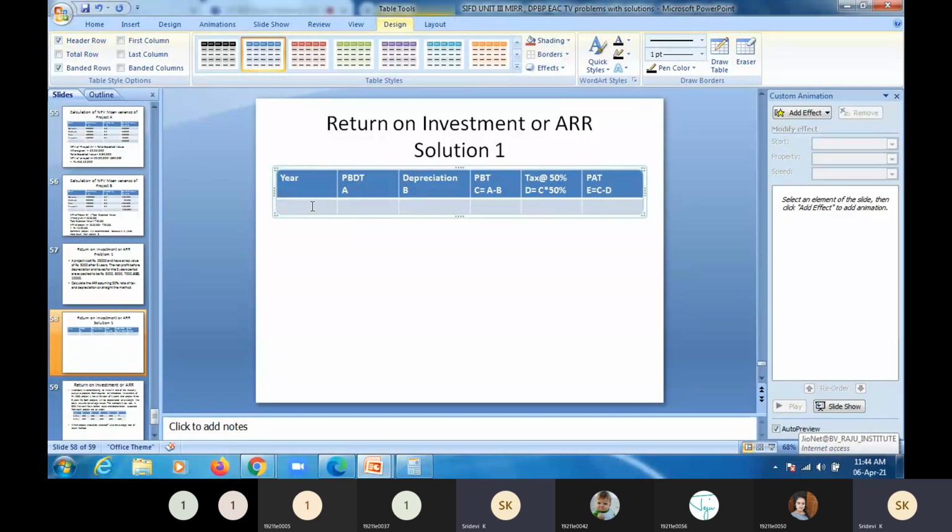So like this you have to calculate. For the first year I will show you. The cash inflow for first year is 5 lakhs.